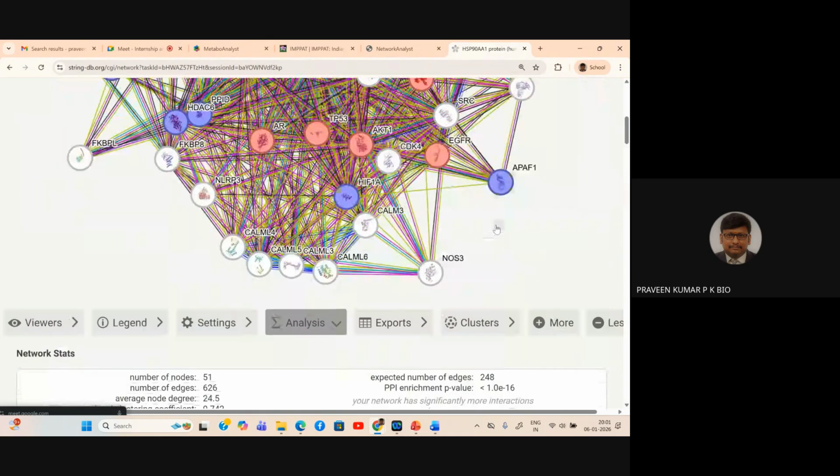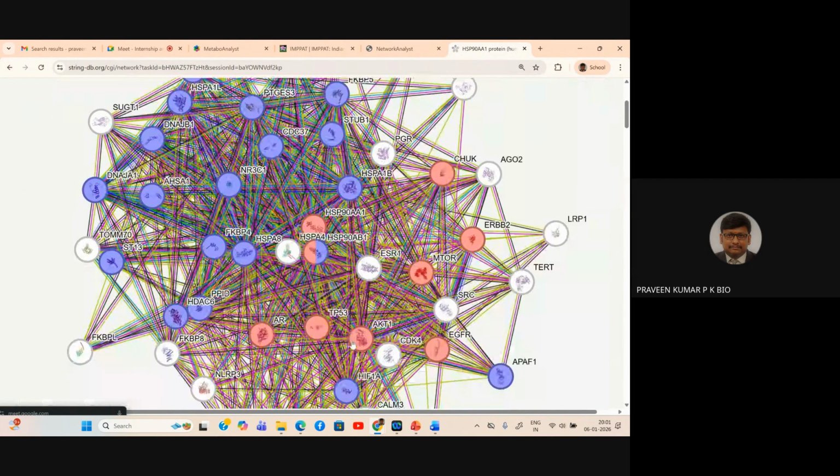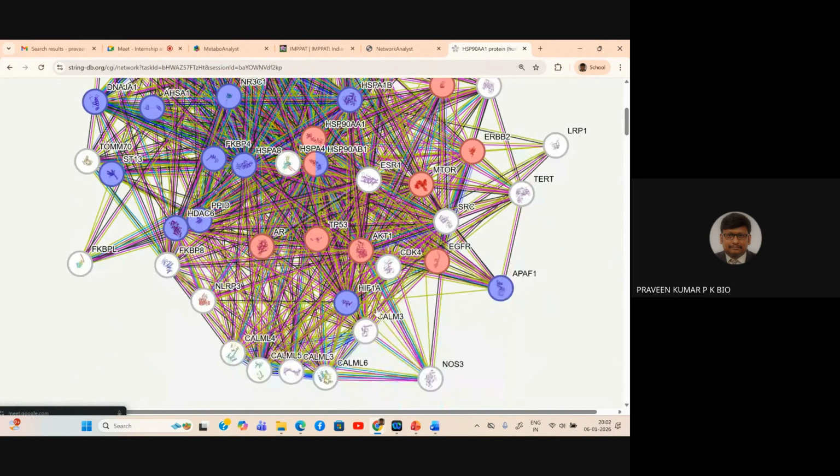So the orange and violet colors you can see are what we have enriched according to that type of disease as well as the particular binding patterns. Okay, these are the most important things. Two different colors, only one we can see.